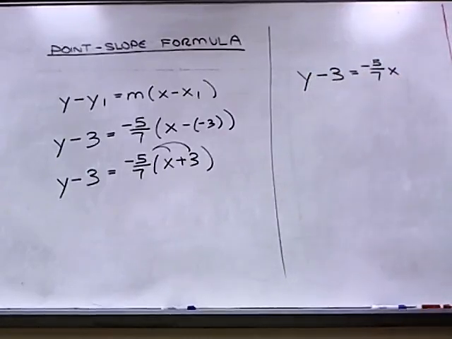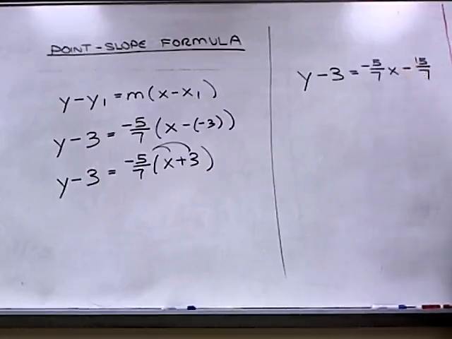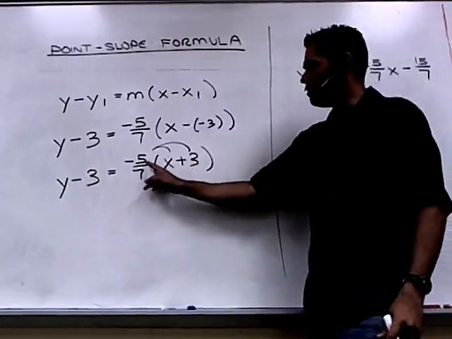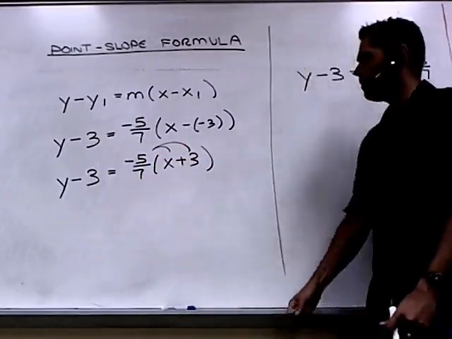What's -5/7 times +3? -15 over 7. So when you multiply 3 times this, it's really like a 3 over 1. So 3 on the top, 1 on the bottom.